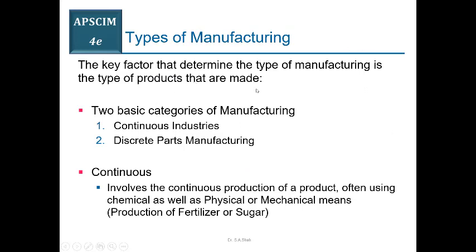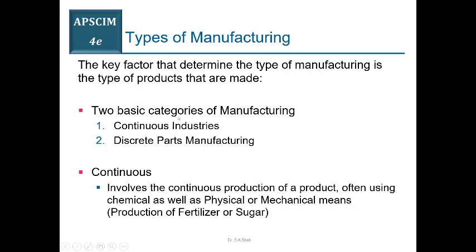टाइप्स को जब आप देखते हैं सो बेसिकली द पैरामीटर दैट विल डिटरमिन द टाइप ऑफ इंडस्ट्री वो आपने देखना होता है. सो द की फैक्टर दैट बेसिकली डिटरमिन द टाइप ऑफ मैन्युफैक्चरिंग इज द टाइप ऑफ द प्रोडक्ट दैट विल बी मेड. सो जो प्रोडक्ट का टाइप होता है वही डिसाइड करती है कि कौन सी इंडस्ट्री है. सो अगर लिक्विड स्टेट में है तो डेफिनेटली, या अगर गैशियस फॉर्म में आपका रॉ मटेरियल है तो 90% चांसेस आपके यही है कि it will be carried out in some processing type of industry.